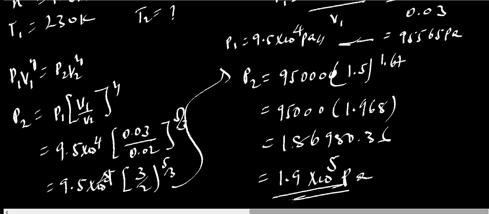Then, to find T2, we use P1 V1 or P2 V2 equals the ideal gas constant in the ideal gas equation.